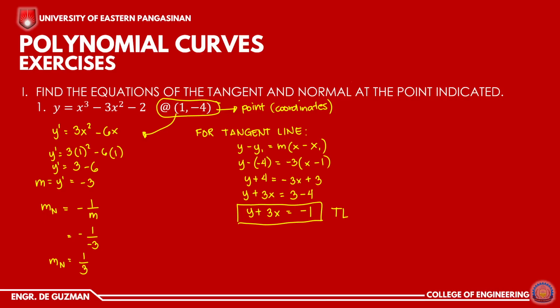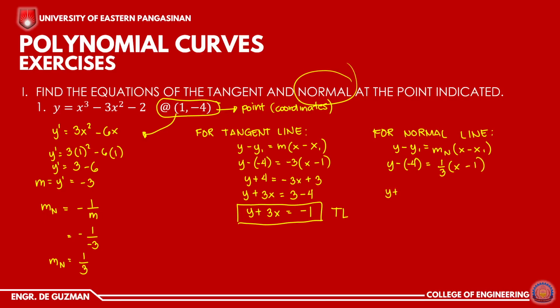Next, since pinapahanap din yung normal line, for normal line, y minus y sub 1 is equals to mn times x minus x sub 1. Y minus negative 4 is equals to mn natin is 1/3 times x minus 1.